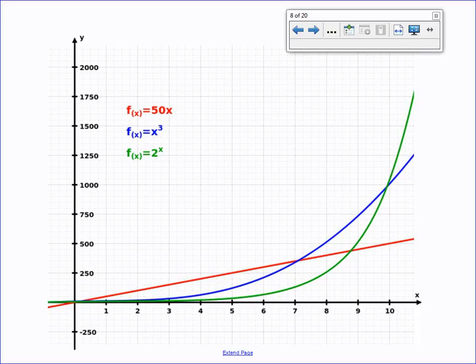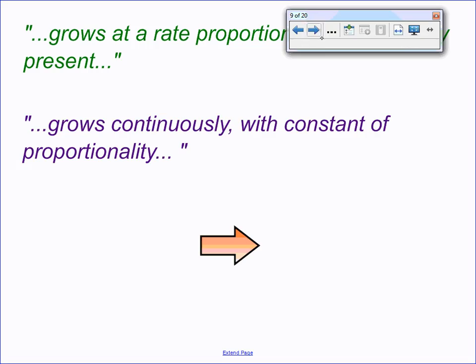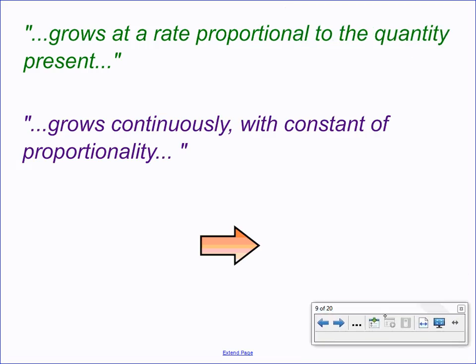Given that an exponential function continues to increase at an increasing rate, typically these only are going to model real-world phenomena up to a point. We can't sustain this type of growth forever in the real world. And so what happens? Well, then we'll go ahead and switch our model.